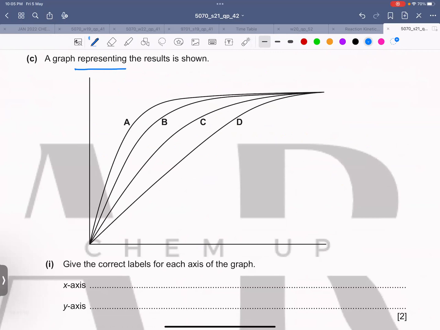A graph representing the result is shown. Give the correct labels for each axis of the graph. Okay.